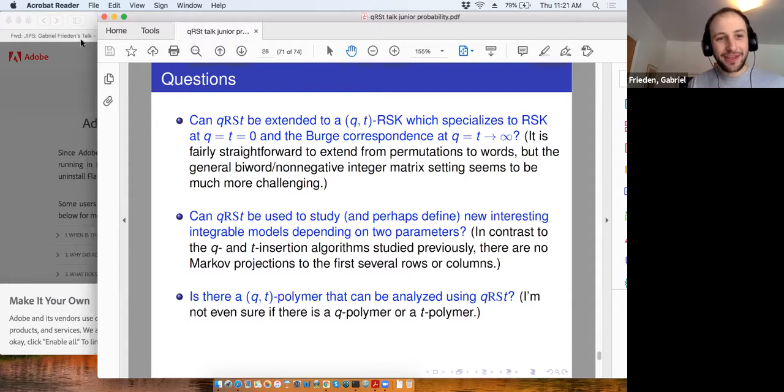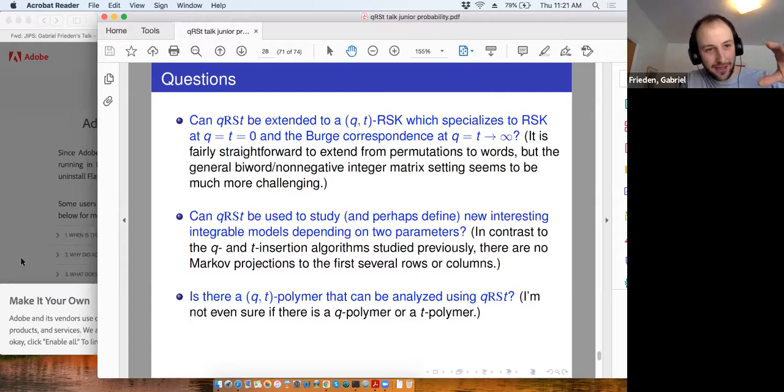Another thing that I was wondering about. If you take q goes to 1, there's sort of this tropical limit of the qRSt that gives you the usual polymer, right? Yeah. Is there any sort of t polymer that you might get?